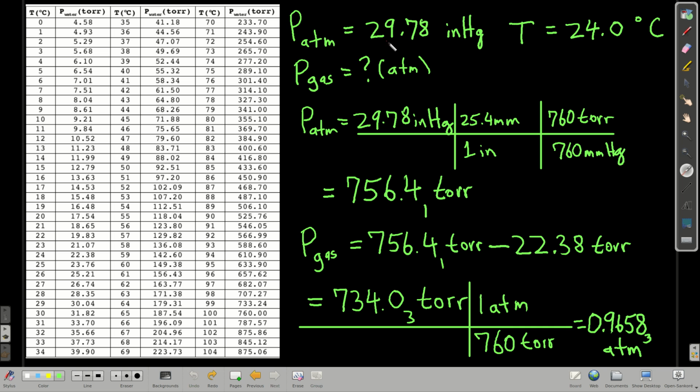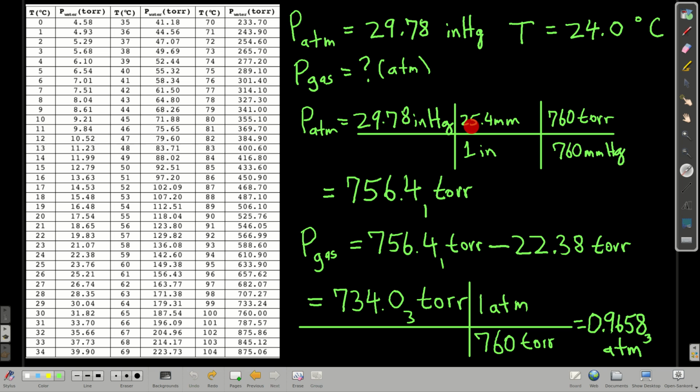Now, let's say you measure the atmospheric pressure and it's 29.78 inches of mercury, and the temperature is 24 Celsius. So this is the experiment we're just looking at. What would the partial pressure of the gas in that container be? Well, because these are in torr, we're going to have to convert our atmospheric pressure into torr. To do that, all you do is convert inches to millimeters.